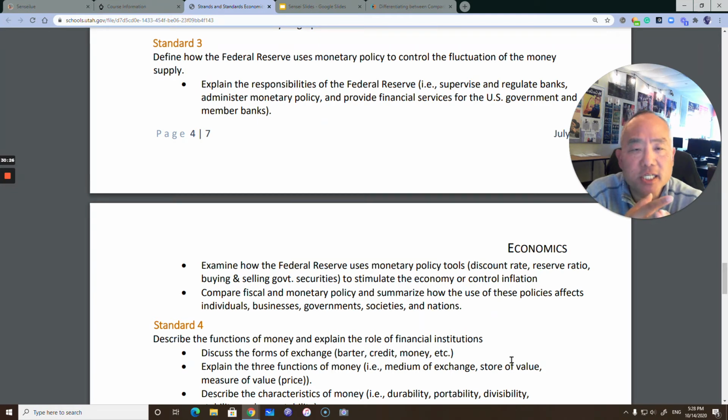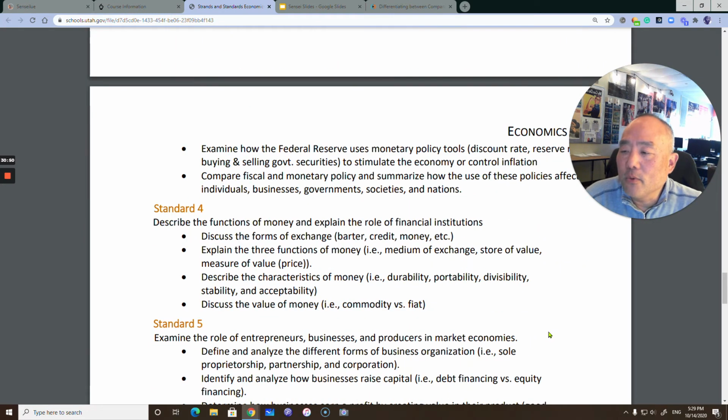If they're selling securities, as a result they're infusing more dollars into the marketplace, and if they're buying government securities, they're taking money out of circulation.